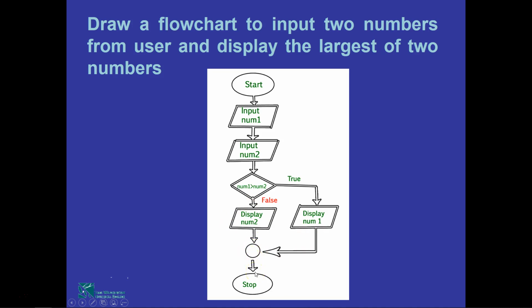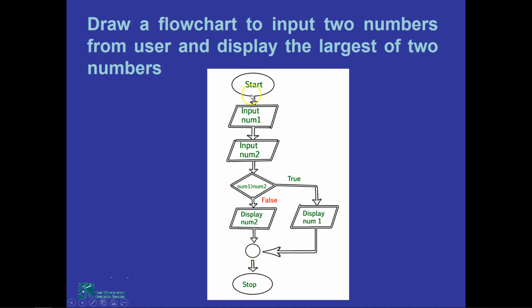Actually, you can directly use a stop here. You don't have to use the connector here. Usually it is used in a complex flowchart, but just to show you where we can use this circle in a flowchart, that's why I put it in this flowchart.